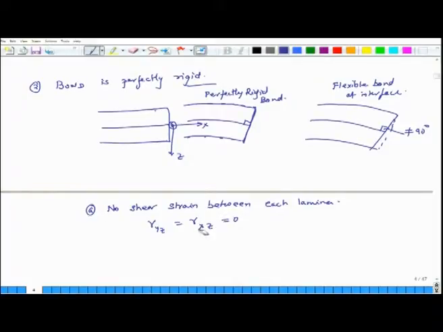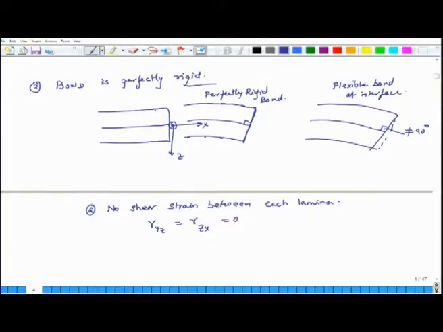Oh, I am sorry, gamma yz equals gamma zx, this is equal to 0. This is another implication. So, the first implication is that if the bond is perfectly rigid, it does not permit any shear strain gamma yz or gamma zx.